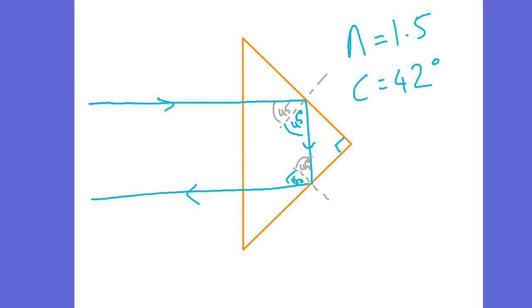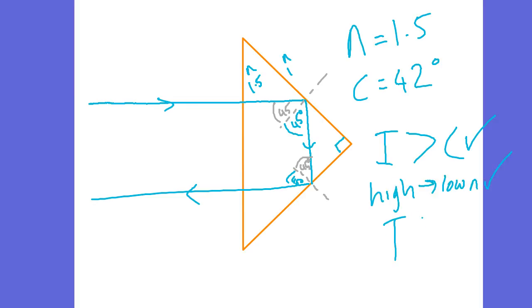And because the critical angle is 42 degrees and our angle of incidence is 45 degrees, then because our angle of incidence is greater than our critical angle, and we've got a high refractive index there and a low refractive index there, okay, then we can get total internal reflection. And as I said, the great thing is angles of 45 degrees, 2 of those gives you 90 degrees, 2 of those gives you 180 degrees, so back the way it came.